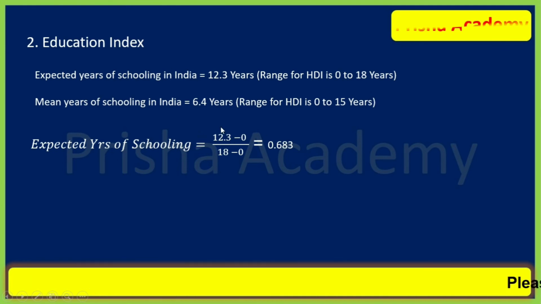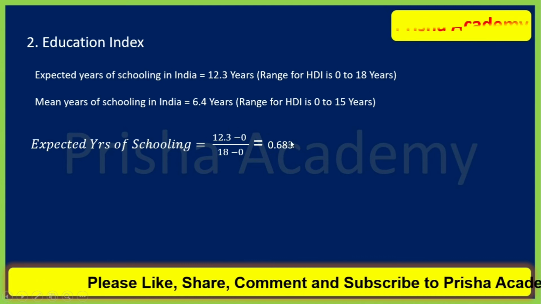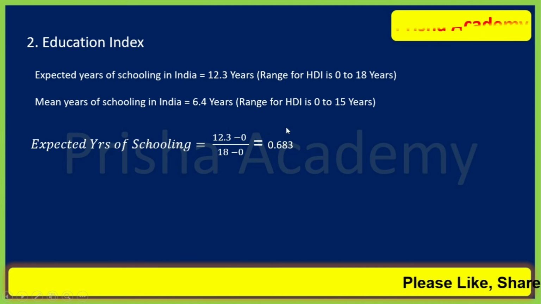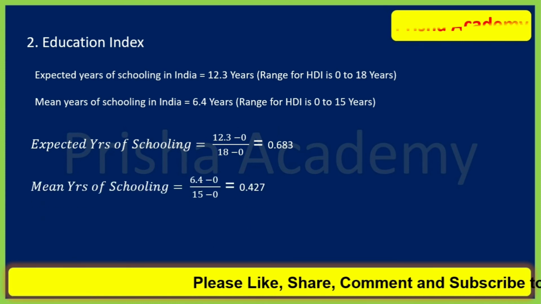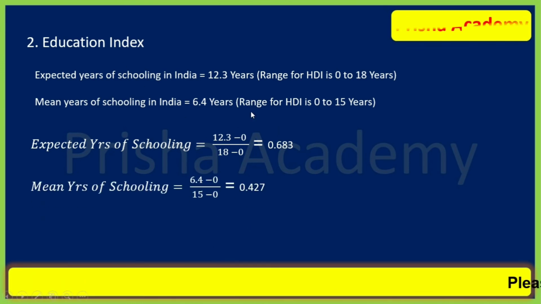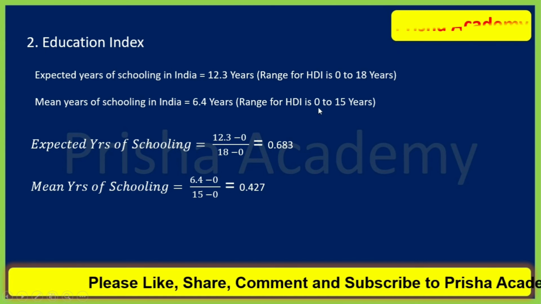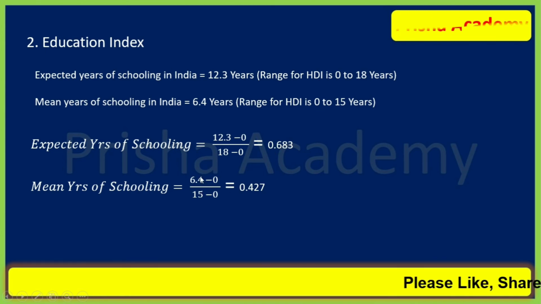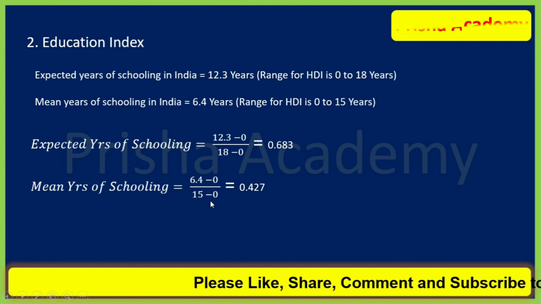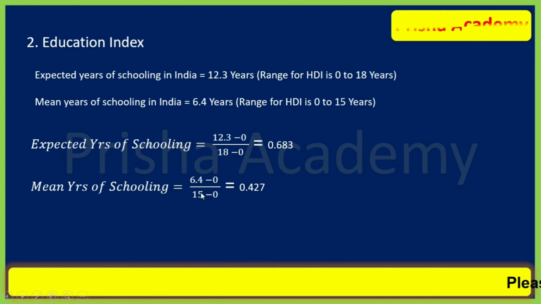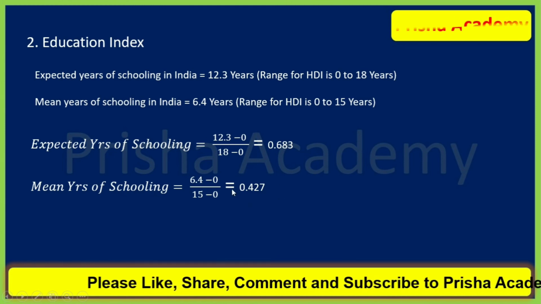So if we calculate 12.3 divided by 18, we will arrive at 0.683. Then for mean years of schooling, it is 6.4 years for India, whereas the minimum in the range is 0 and the highest is 15 minus 0. So if you divide 6.4 by 15, you will get 0.427.